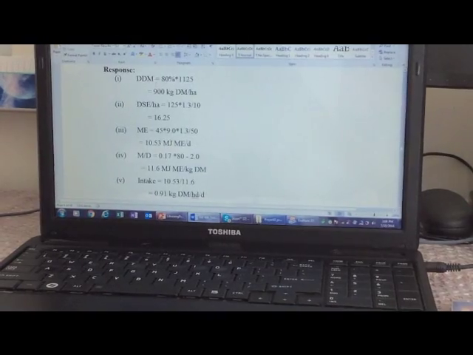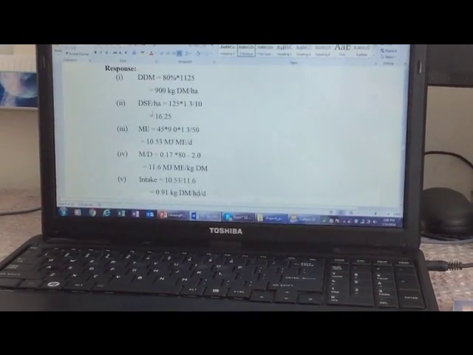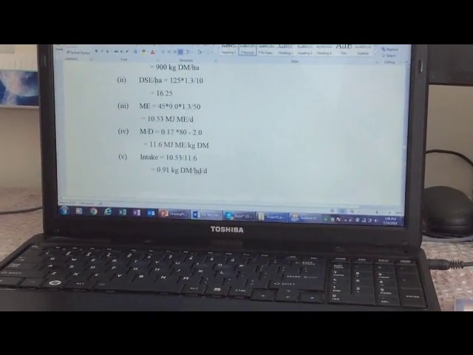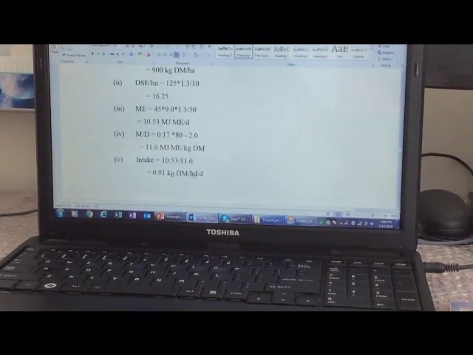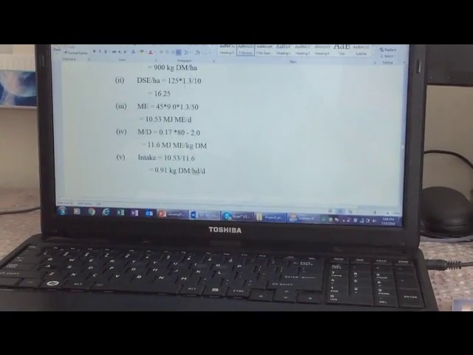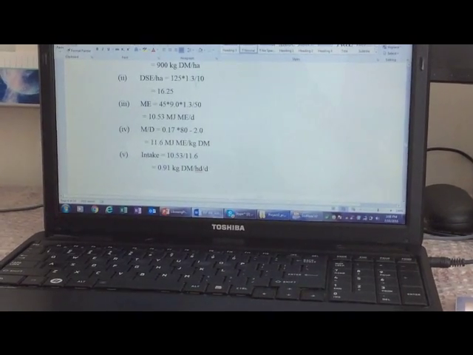So you need to know how much is the DDM of that 1125, which is 900 kilograms. The DSE, dry sheep equivalent per hectare for these animals, is 1125 based on the number of animals, which is 125. We multiply that by the DSE rate for the pregnant ewes, which is 1.3, divided by the size of the paddock.